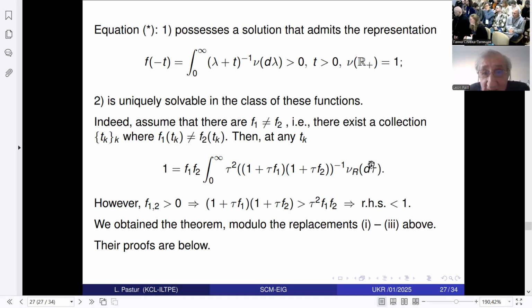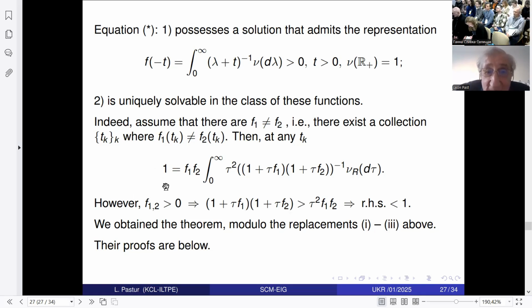We will get a relation in which both sides are multiplied by the difference f1 minus f2, but it is not zero. So I can omit it, and I have this relation.